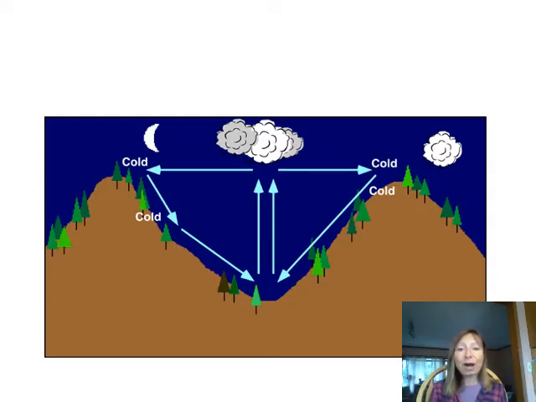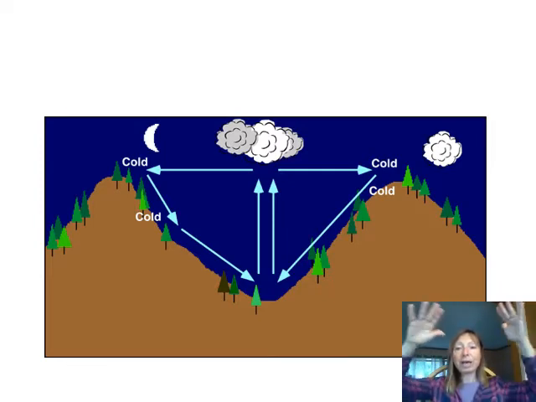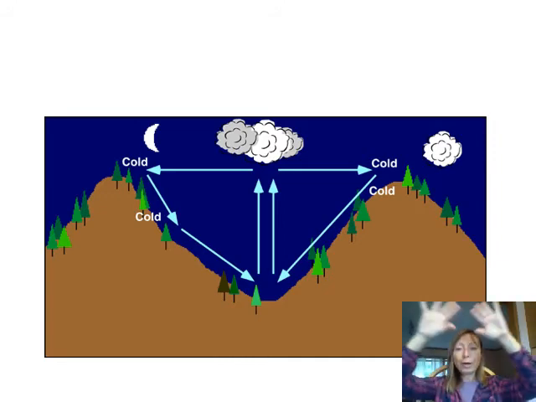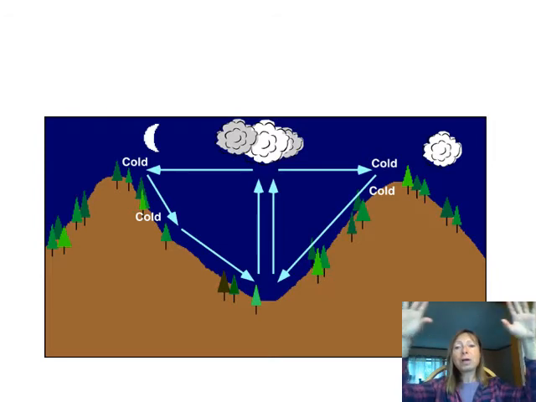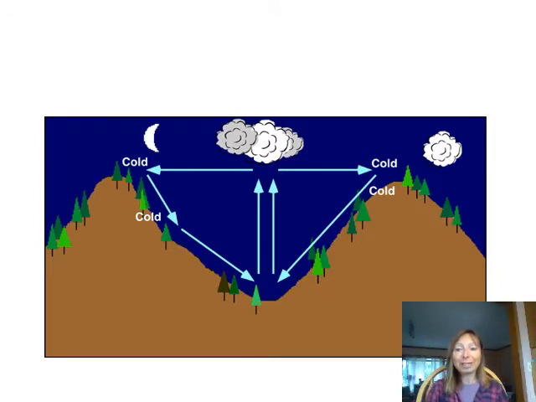And as it moves down, the warm air from the valley would be pushed up from the low pressure zone, going up and then creating high pressure, and the cell would close up, with the air moving from the high pressure into the low pressure and then sinking down back into the valley.